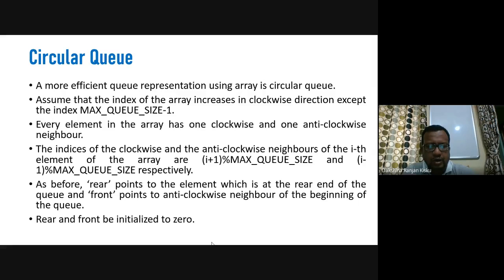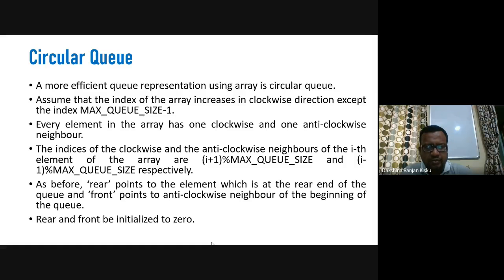Okay. So as we saw, rear points to the element which is at the rear end of the queue, and front points to the anti-clockwise neighbor of the beginning of the queue. So here we can have the similar concept of rear and front positions.